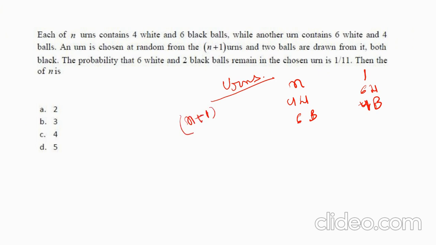What we are doing here is that we are firstly randomly choosing an urn from these n plus 1, and then we are choosing two balls from it, and both are black. So the probability that 6 white and 2 black balls remain in the chosen urn is 1 by 11.